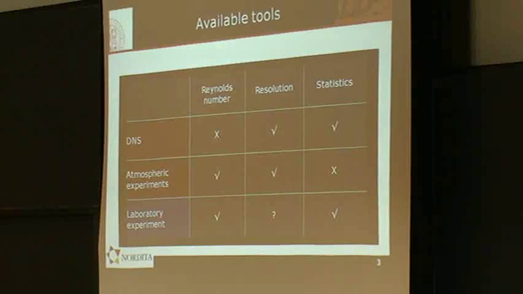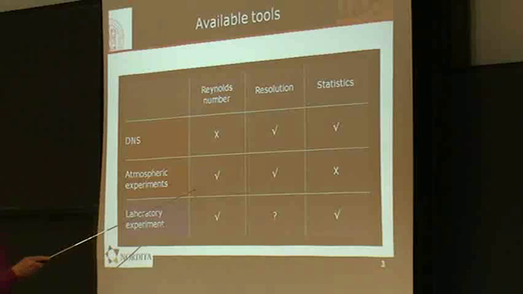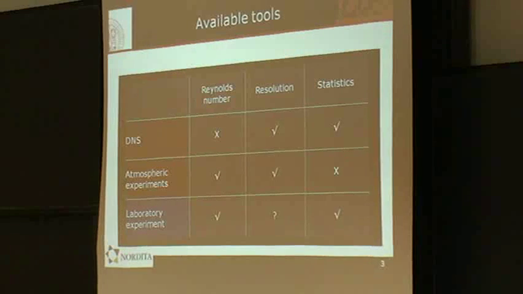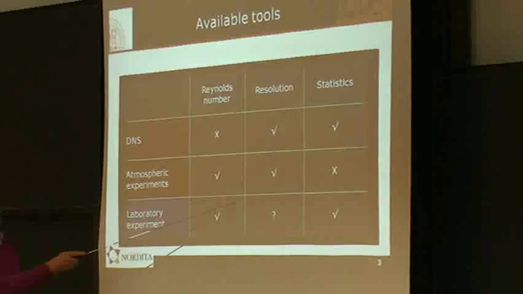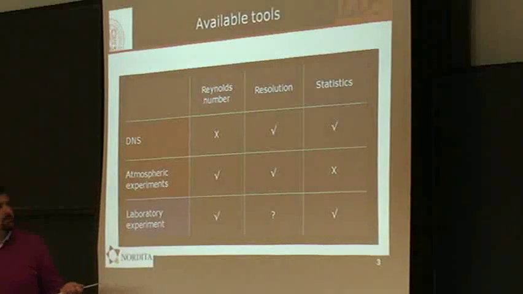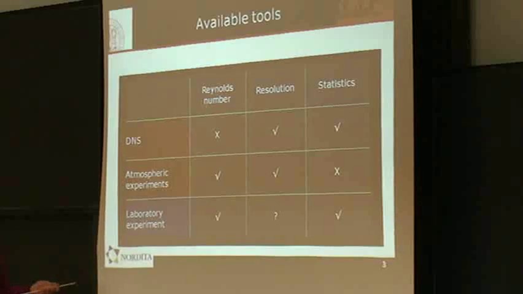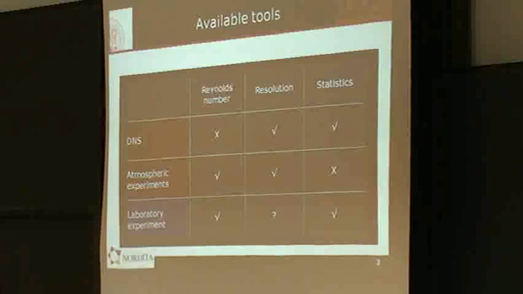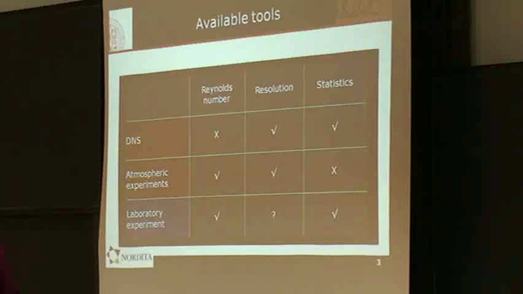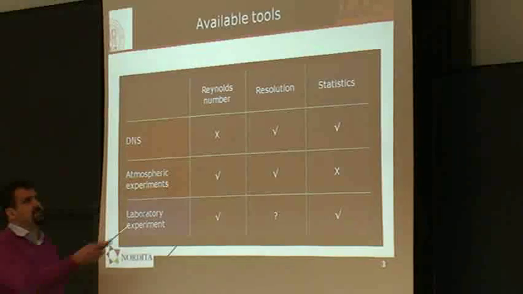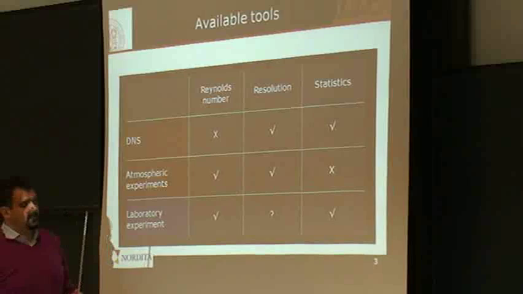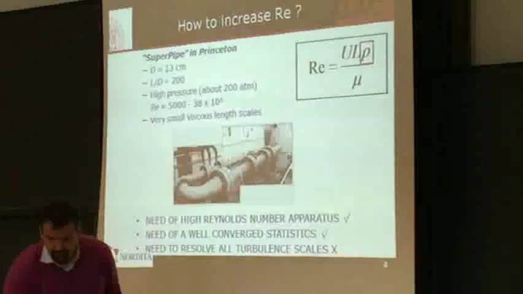Beverly showed us experiments in Utah, in the Salt Lake Desert, with quite high Reynolds number and quite good resolution, but probably not enough converged statistics. So we still have to rely on laboratory experiments, where we can reach high Reynolds number and quite good statistics, but the point is we need to have enough resolution.